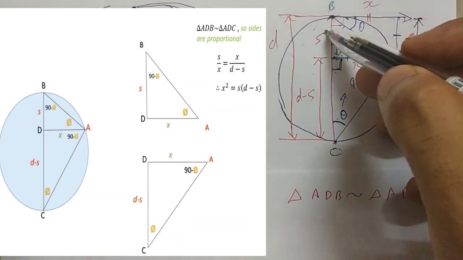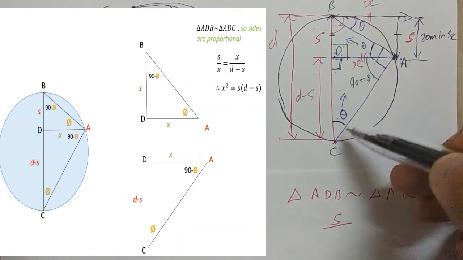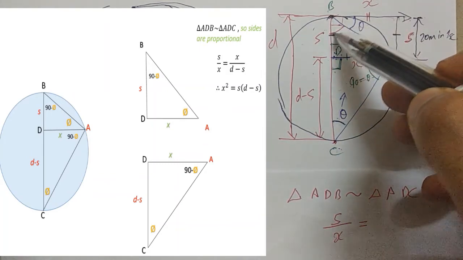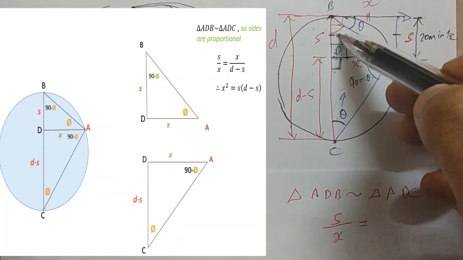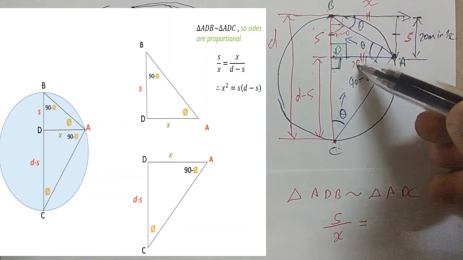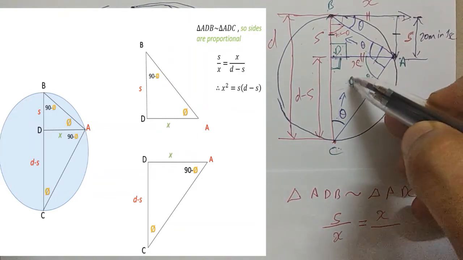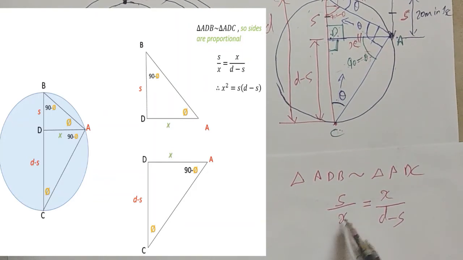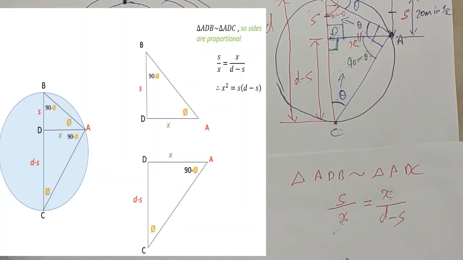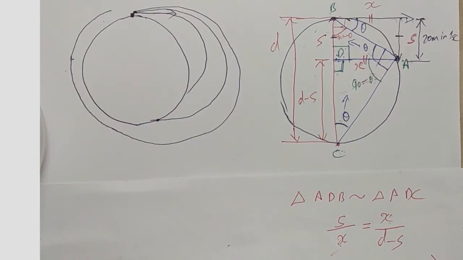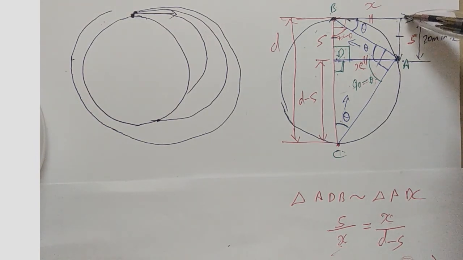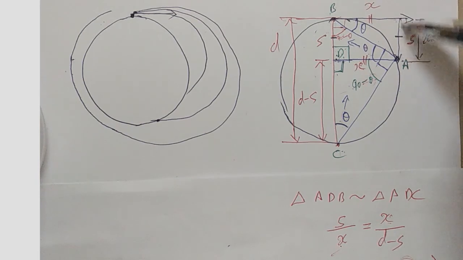Opposite to this angle theta is S, so S divided by the side opposite to this angle theta, which is x, will be equal to the side opposite to this angle, that is 90 minus theta, which is also x, divided by the side opposite to 90 minus theta, which is d minus S. So from this, if you take this x on the other side, x squared will become S into d minus S. From this equation we know the diameter of the earth, we also know the distance by which the ball is falling.